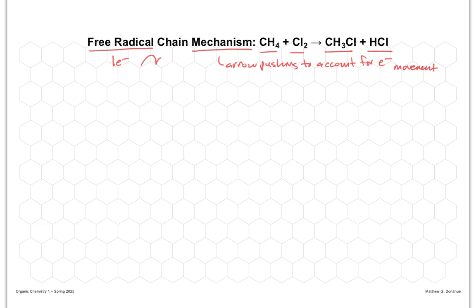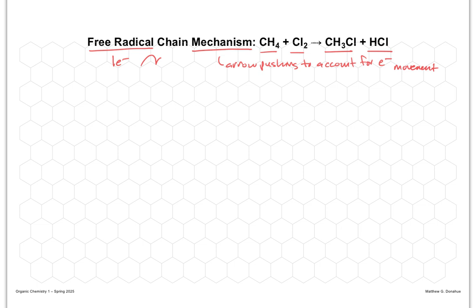So we need to account for how we break a CH bond in methane, and then how we make the CCl bond in chloromethane. So it says chain mechanism. What that means is there's going to be an intermediate in here that gets recycled, and it forms a chain reaction that keeps going until it terminates.